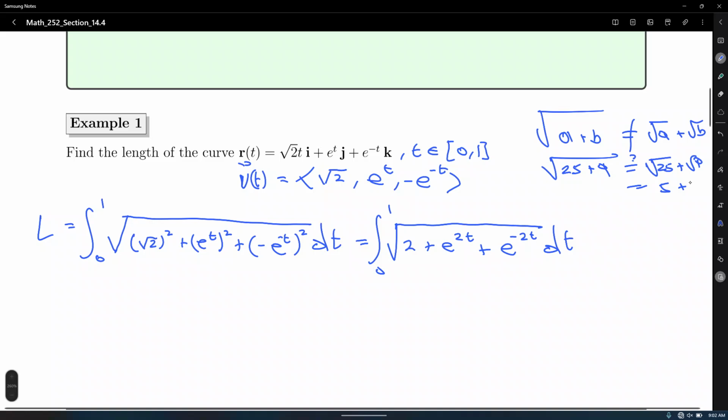Well, this is 5 plus 3, which is 8. 25 plus 9 is 34. Is 8 equal to the square root of 34? So careful. This is a very common algebra problem. I get to see this even on exams. You can't distribute the radical over a sum or difference of terms, or raise a power over a sum or difference of terms.